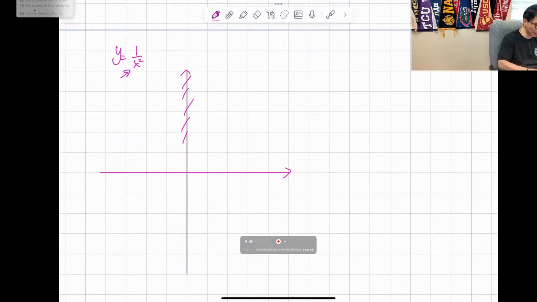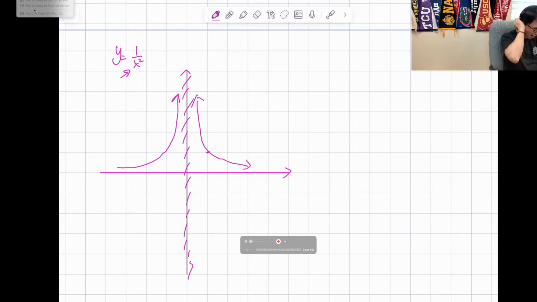So there's an asymptote right here. But it doesn't matter what number you plug in. If you plug in a negative value or a positive number, it's all gonna go this way. And this is all gonna go this way. And there's an asymptote here. So there are two types of asymptote. Vertical and horizontal.